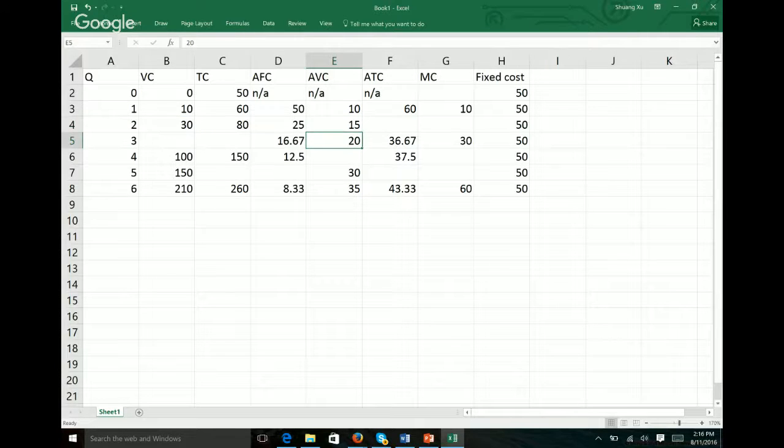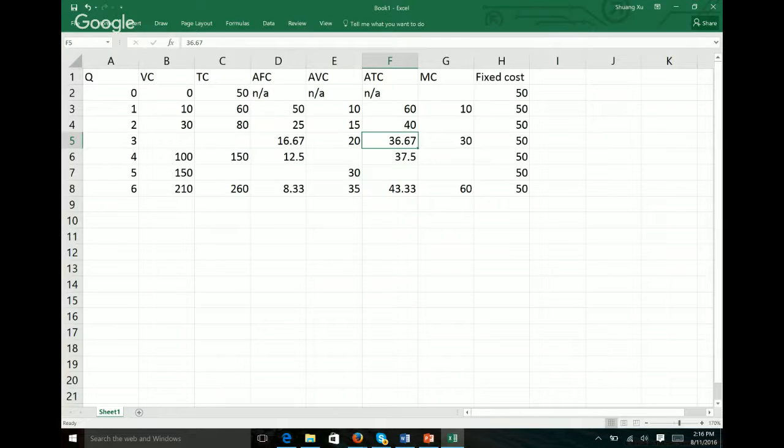And then your average total cost, you can do it 2 ways. You can use your total cost divided by quantity. That will give you the average total cost. You can also use your average fixed cost plus average variable cost, and they give you the same answer. Okay, so 40.